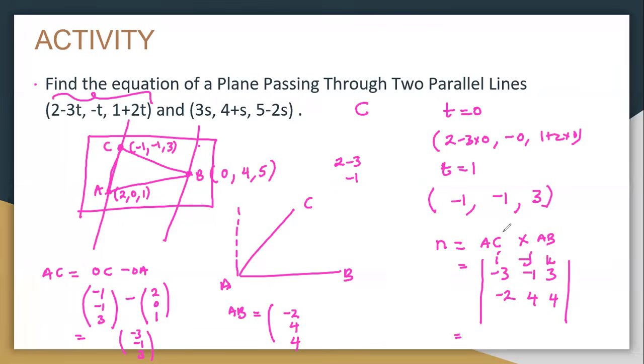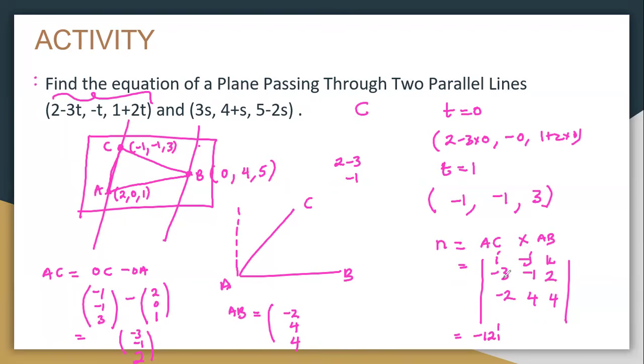Okay, sorry, here this is 2. I don't know why I wrote 3. This one down is not 3. When you look here, 3 minus 1 is a 2. So here you have a 2. So when you remove this one, it will be negative 4 minus 8, which gives you negative 12i.